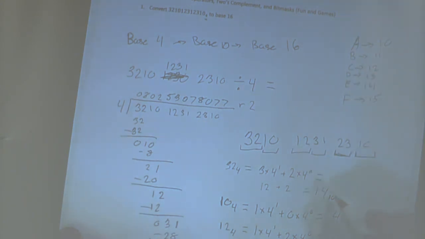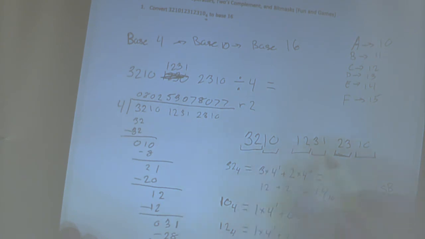So this 14 corresponds to E, 4 is 4 in base 16, 6 is 6 in base 16, 13 is going to be D, 11 is going to be B, and 4 is going to be 4 again. So remember, using this notation, this is going to be your most significant digit. This would be your least significant digit. This goes at the end, right?